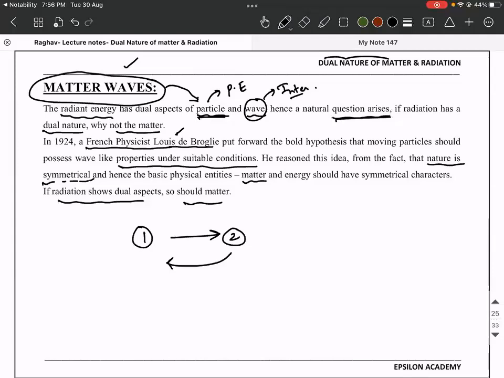He reasoned this idea from the fact that nature is symmetrical, and hence basic entities like matter and energy should have symmetrical characteristics. What he's saying is, if radiation has dual aspects, matter will also have dual aspects. And when was it proposed? In the year 1924, so almost 98 years back.